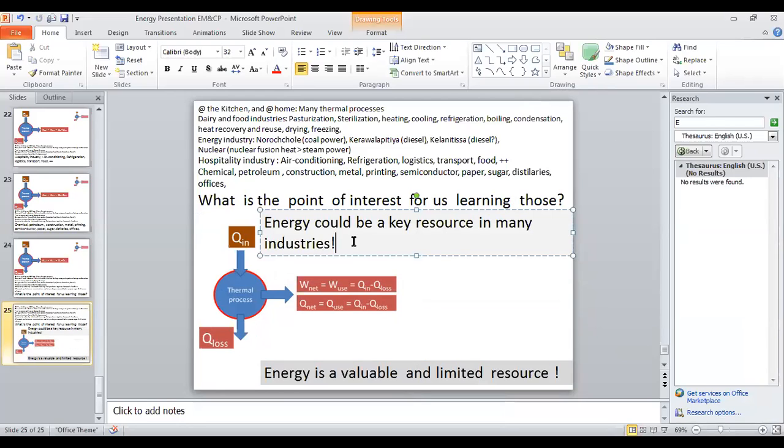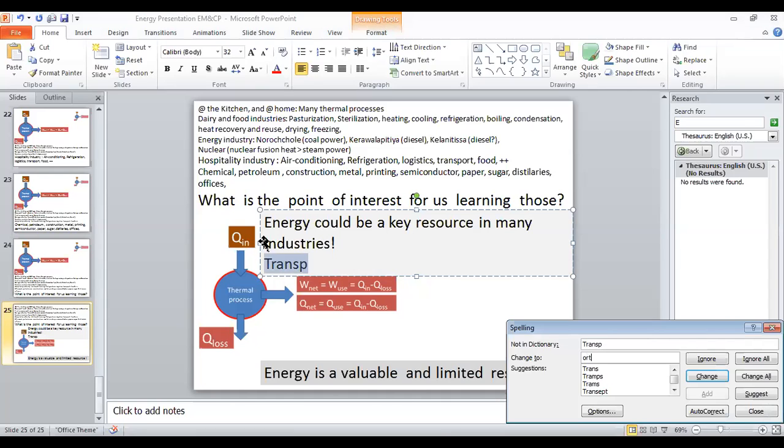Obviously, the transportation sector. Without fuel, you cannot operate the sector at all.